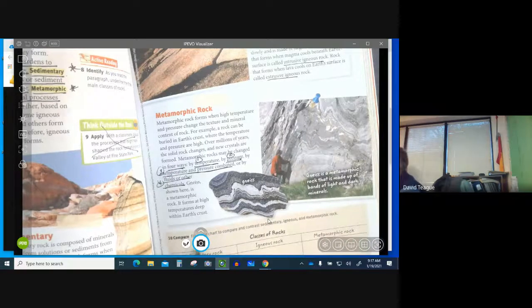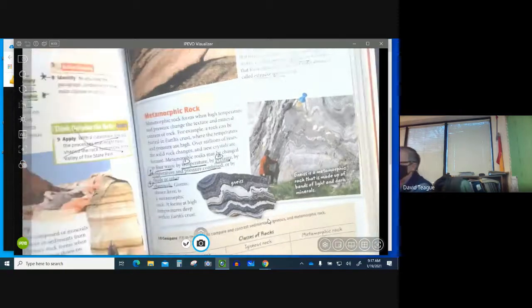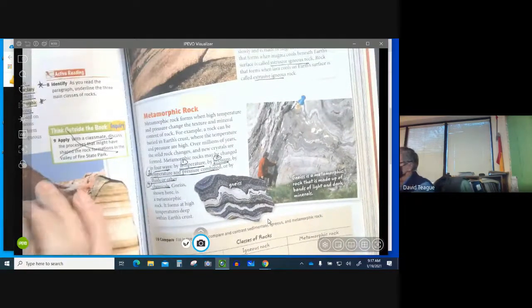Number 10, compare. Fill in the chart to compare and contrast sedimentary, igneous, and metamorphic rock.